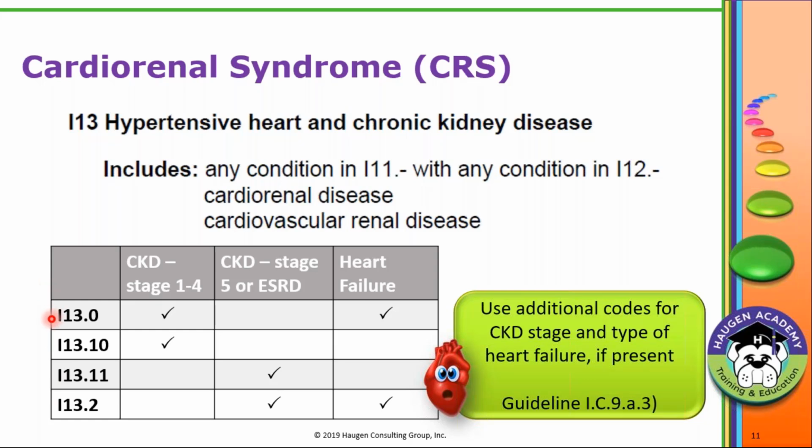So code I13.0, stage 1 through 4 in a patient who also has heart failure. Just read your code descriptions very carefully. And then you use additional codes for your CKD stage, as well as the type of heart failure if present. So underneath each of these individual codes in category I13 will be code also notes telling you to assign additional codes for those other conditions.